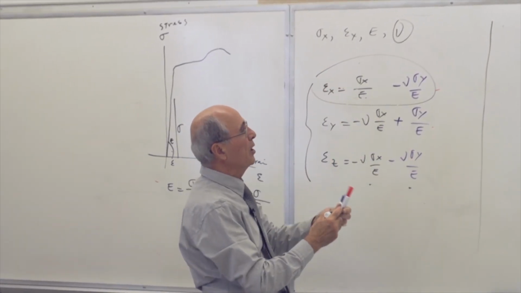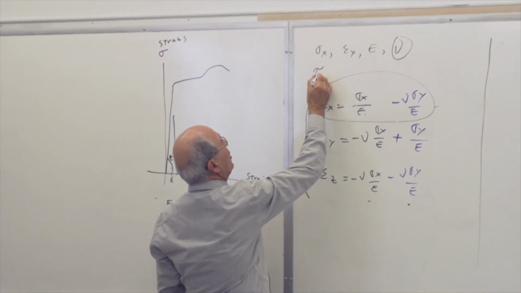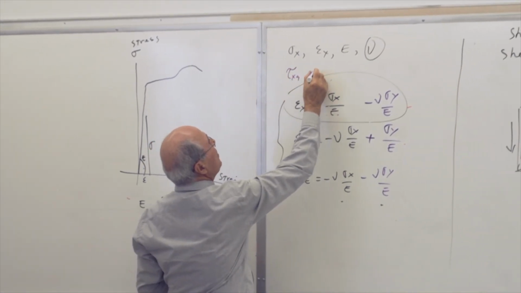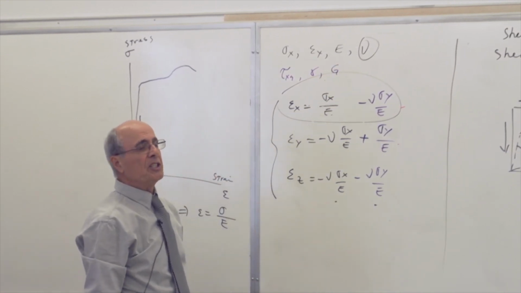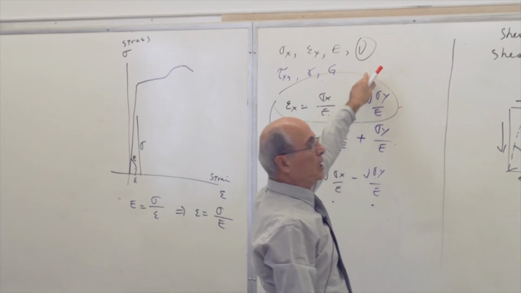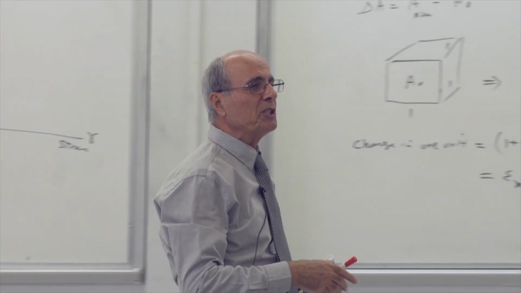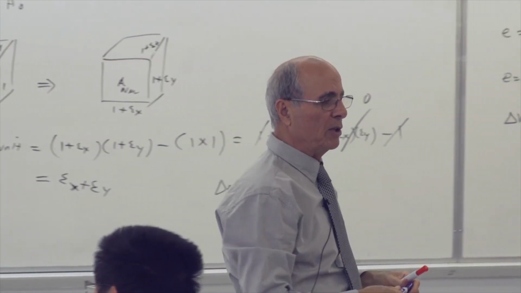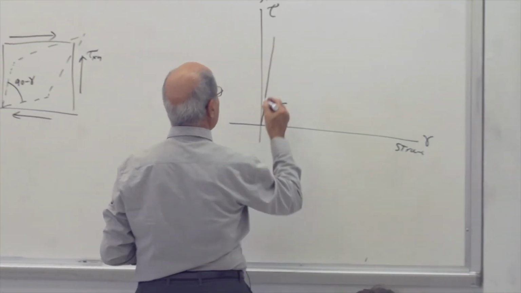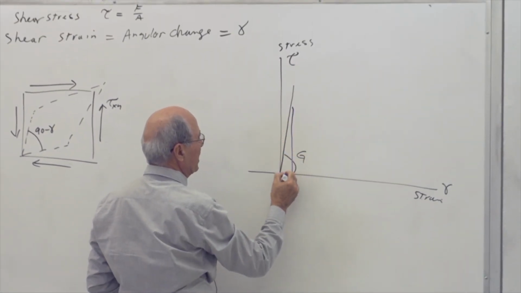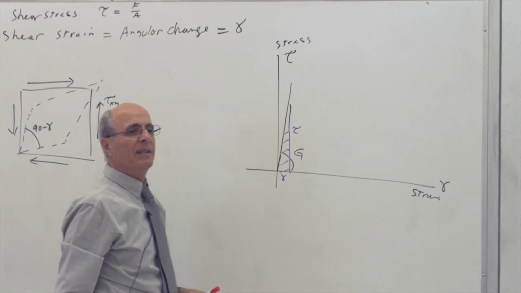So I'm going to put a new idea underneath here. This is tau xy, and it gives me gamma. We have the modulus of rigidity. Fortunately, we don't have a nu there because the two are the same. Everybody understands. Therefore, it becomes very simple, and it does not affect the other side. We have only one relationship, and it comes from this triangle again. This is tau, and that is gamma.